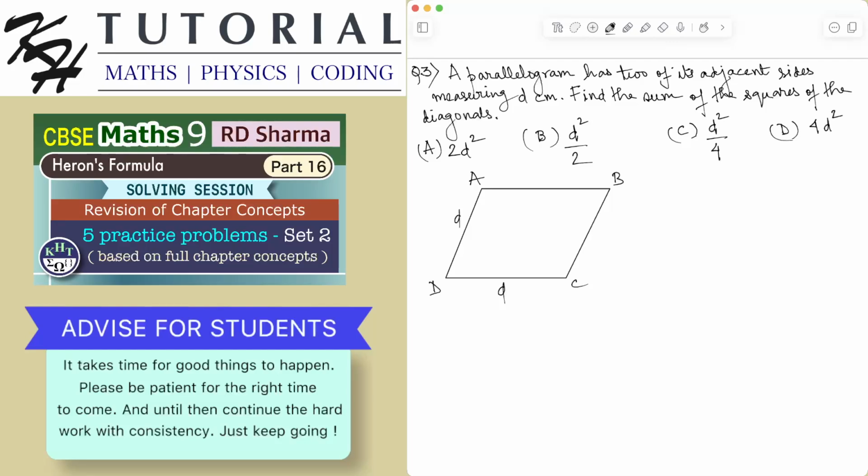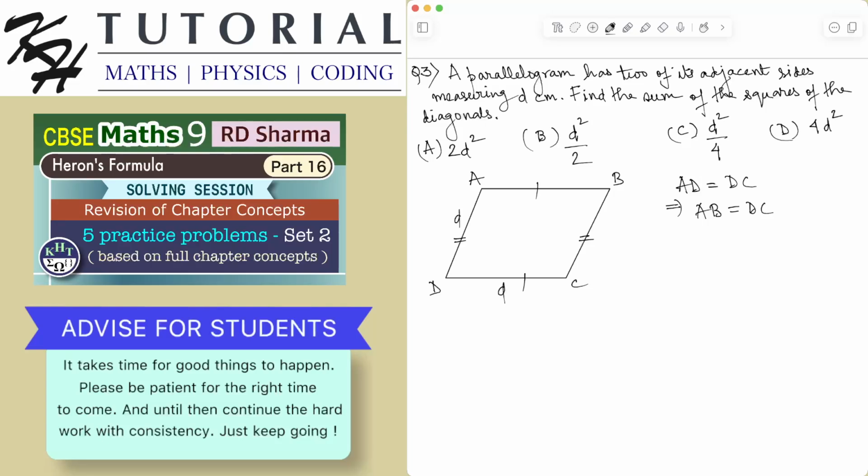ABCD is a parallelogram. So obviously we must have AB equal to DC, and we will also have AD equal to BC. Now we know that AD is equal to DC. AB we know is equal to DC from the properties of a parallelogram.